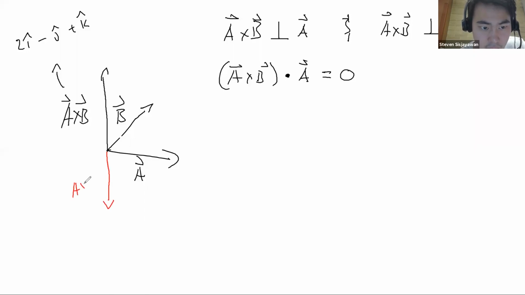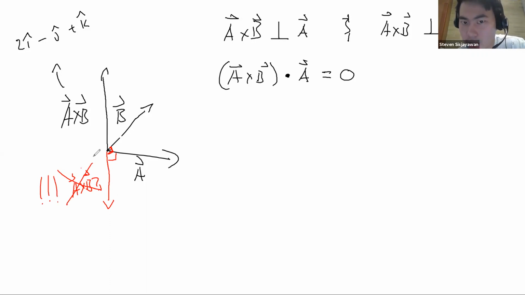Wouldn't this also be valid? Because if you draw a vector downwards, that would also be orthogonal to both A and B. But that is actually not true.